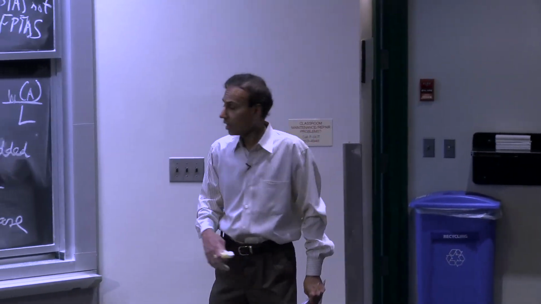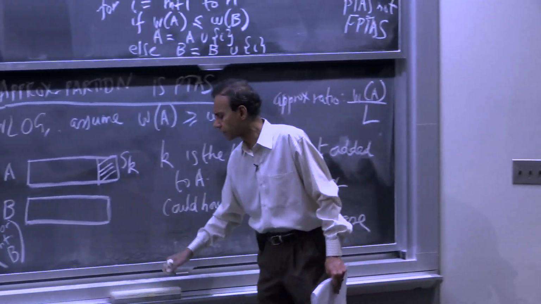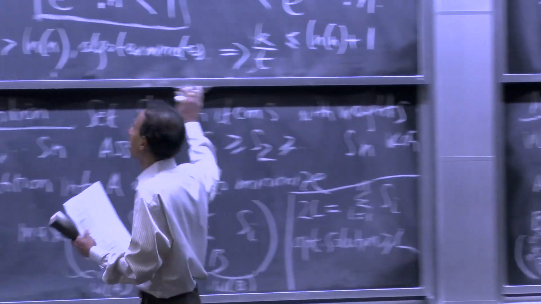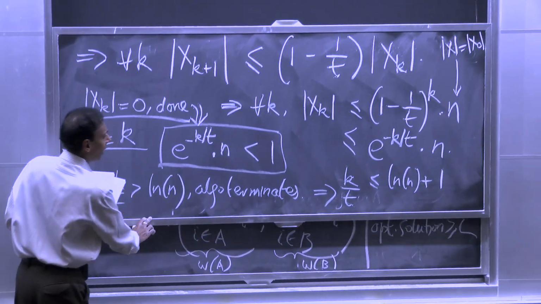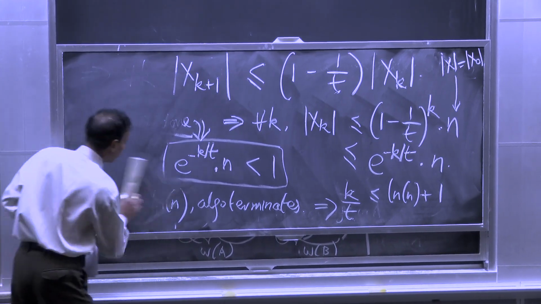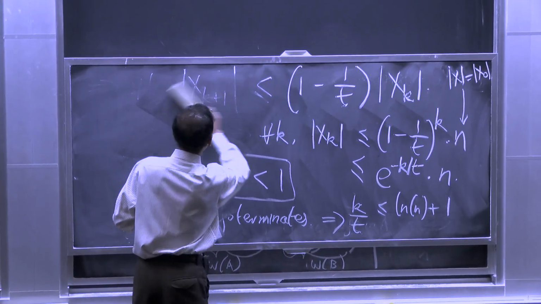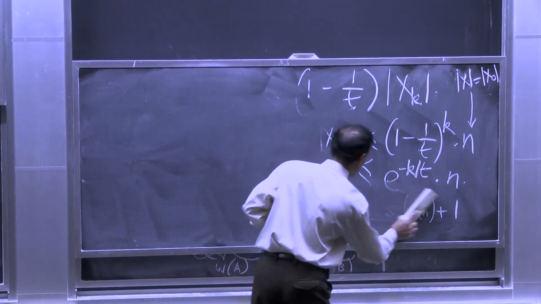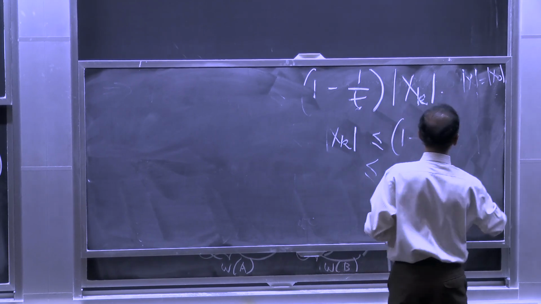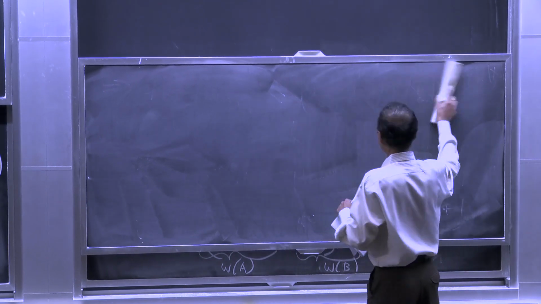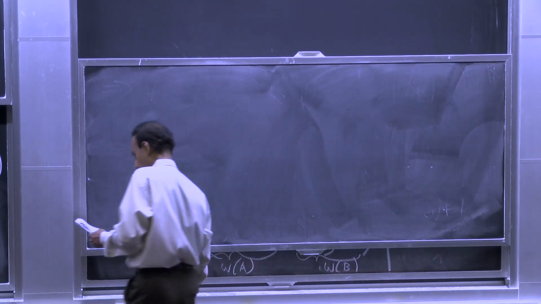So why all of this skullduggery? Well, there's a method to the madness. We're going to analyze what possibly happens in the first phase and the second phase and get our approximation ratio. It shouldn't take too long.